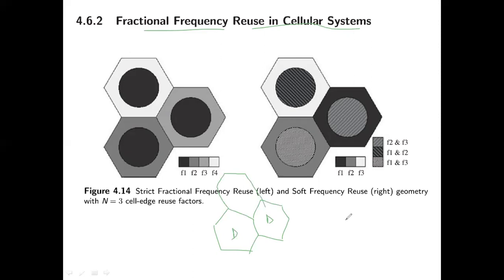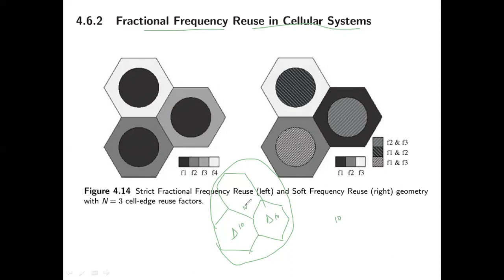Say I have 10 frequencies at my disposal, then by splitting the entire area into smaller areas with lower power transmission, I can use 10 frequencies here also, 10 frequencies here also, and the same 10 frequencies here also, right?